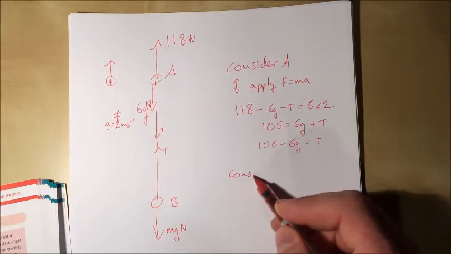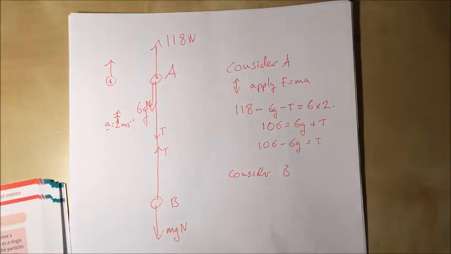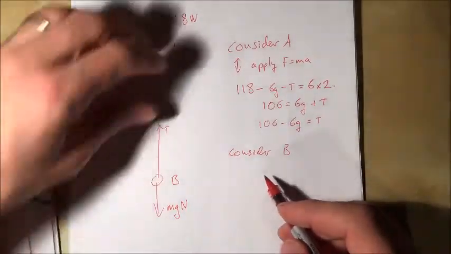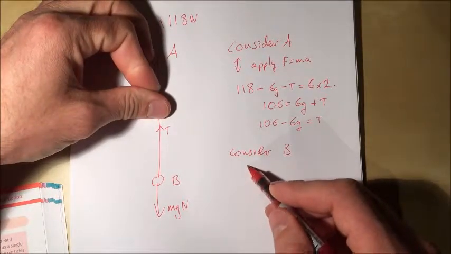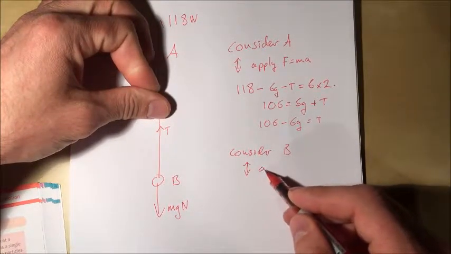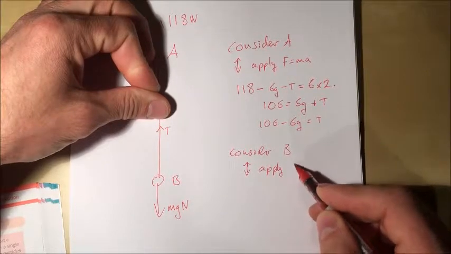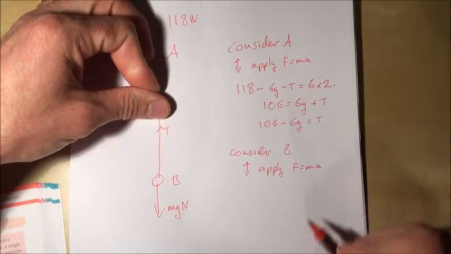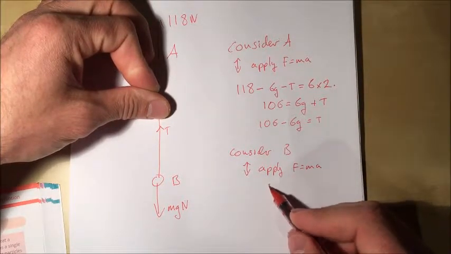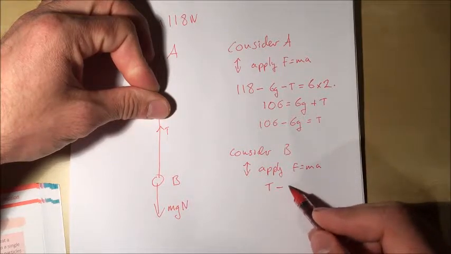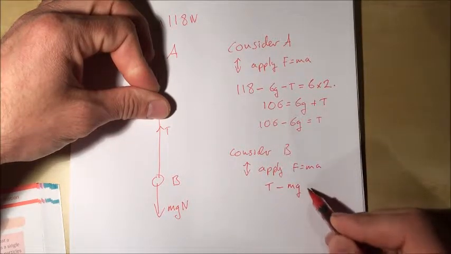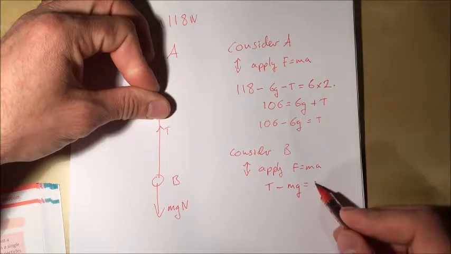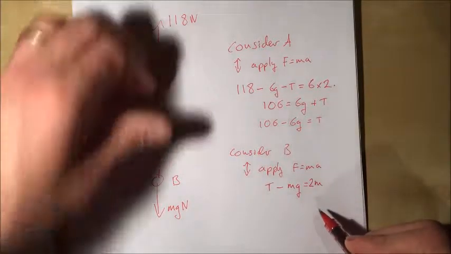So consider the motion at B would be the next thing we'd do. At B, again, it's vertical motion, and we're going to apply F equals ma. The tension's pulling upwards, mg is pulling downwards, and that is the mass times 2 on the right hand side.